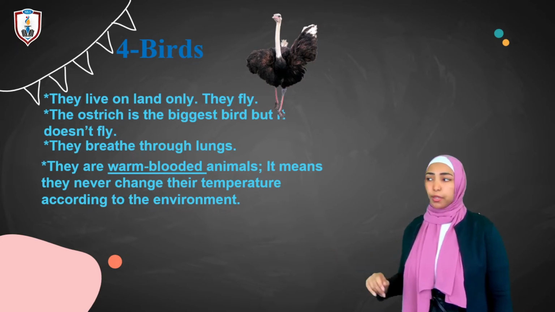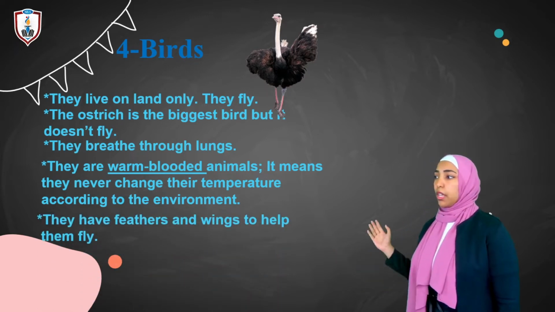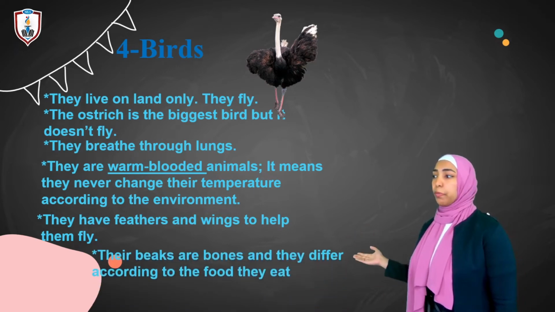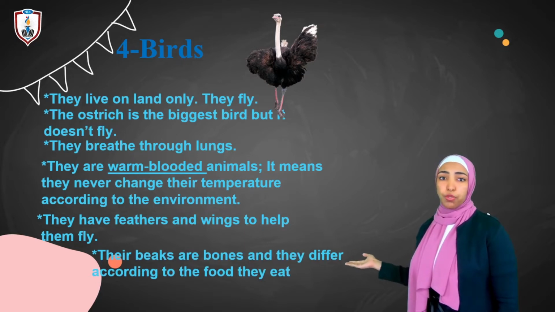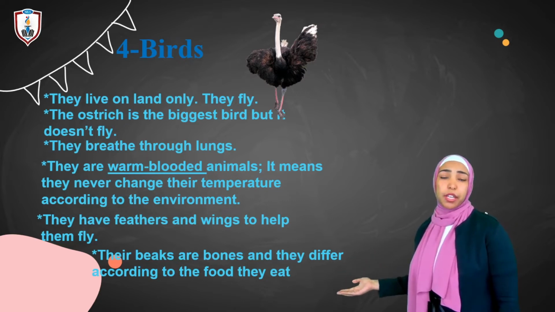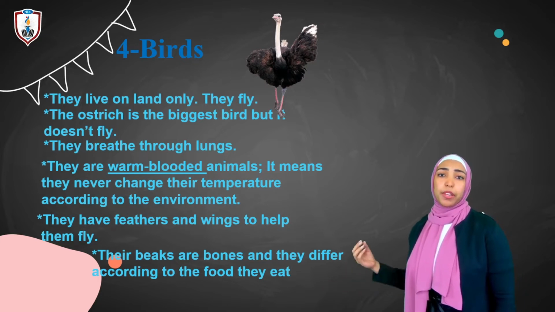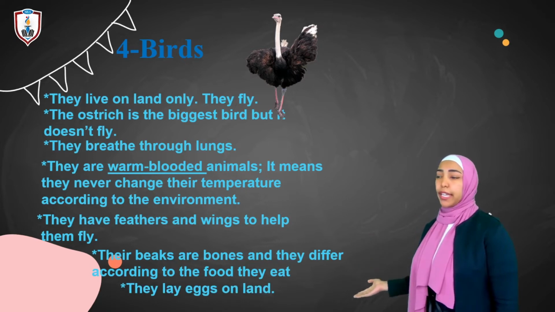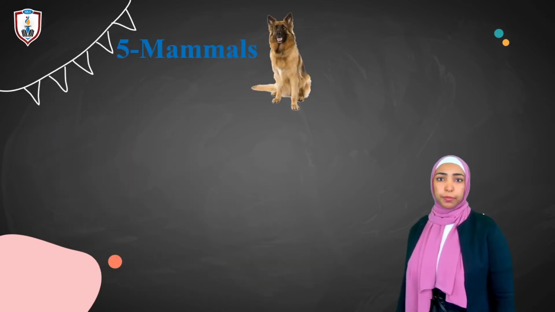It's fixed. And then they have feathers and wings to help them to fly. Their beaks are made of bones, and these beaks are, of course, different because not all the birds eat the same food. Some birds eat meat, some birds eat nuts, some birds eat seeds, so their beaks are different. And finally, they lay eggs on land.